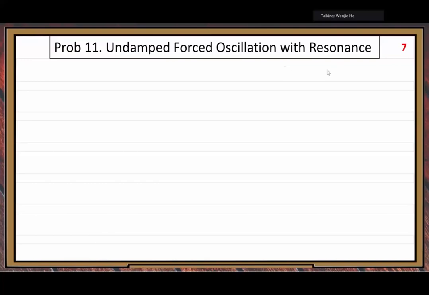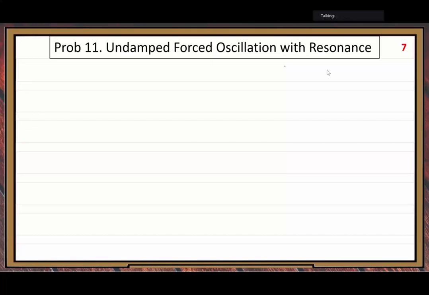Undamped, remember, means the y prime term is 0. No y prime term, that's the undamped system. But you need to use a forced oscillation. Forced oscillation, you have an external force.